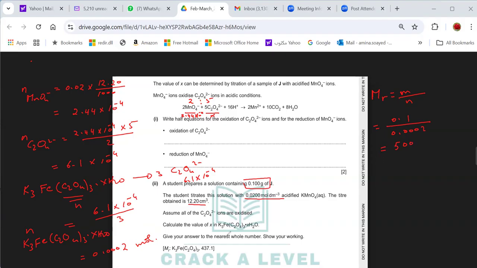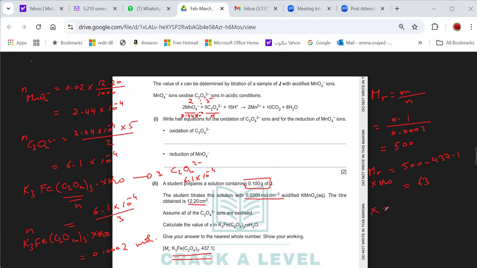And so they said that the molecular mass of only this part is this value. So this means that the molecular mass of XH2O is equal to 500 minus 437.1. So I got 63.